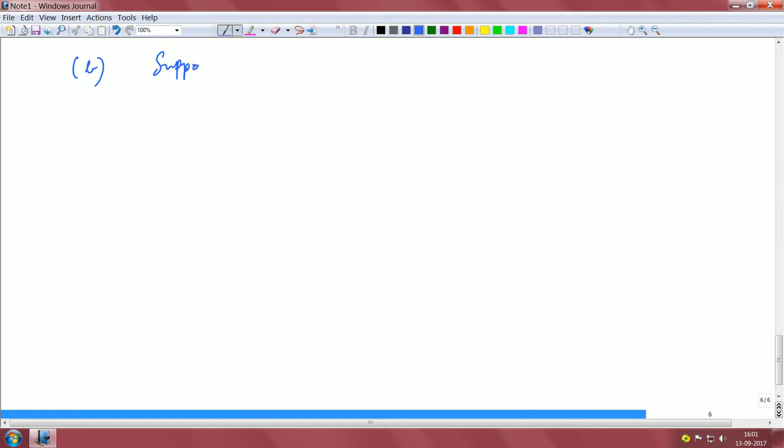Suppose N equals say 5. Let us consider H of z to be 1 plus 2z power minus 1 plus 4z power minus 2 plus 4z power minus 3 plus 2z power minus 4 plus z power minus 5.